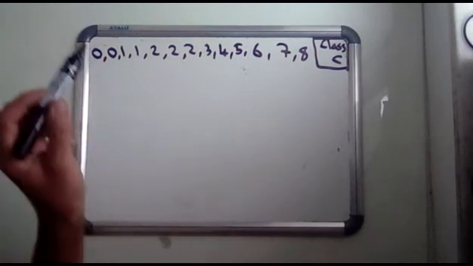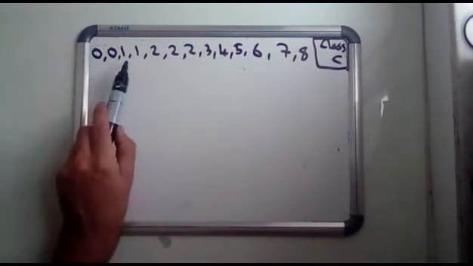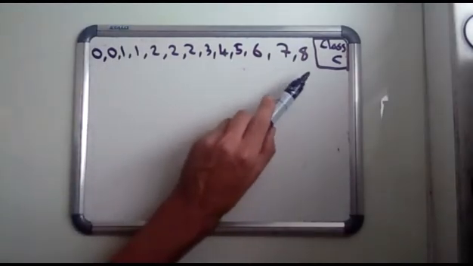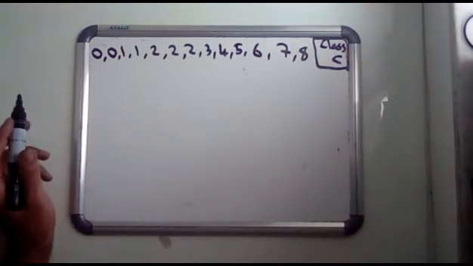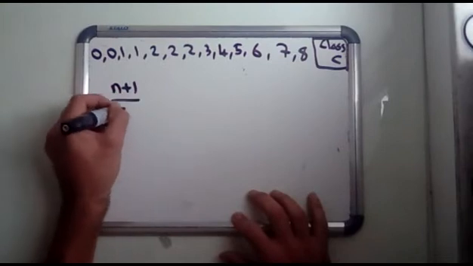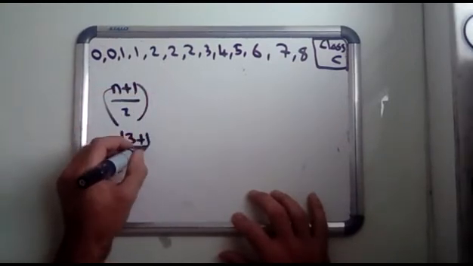It could change still if you have a different amount of odd numbers. So say this is a class C, and again it's in order already. You've got 13 in the class. So for your median, again, you can look for n plus 1 over 2, which is 13 plus 1 over 2.